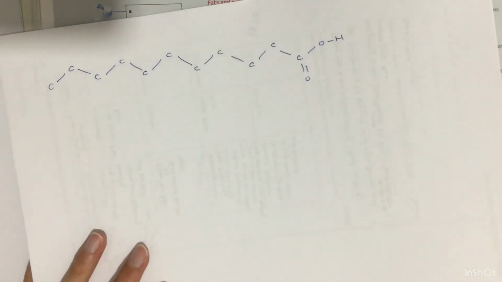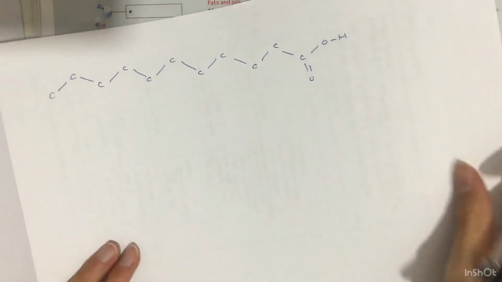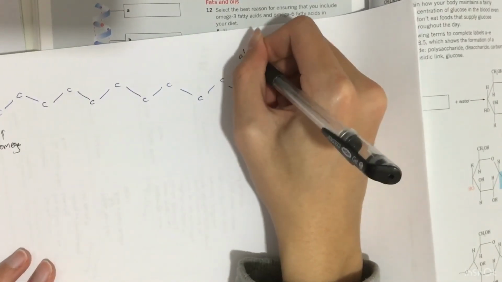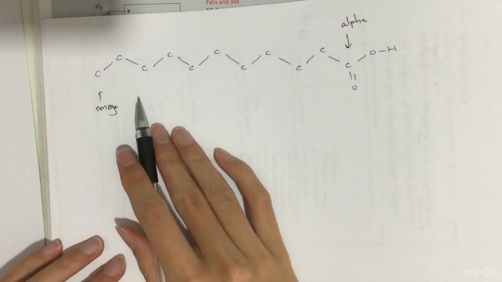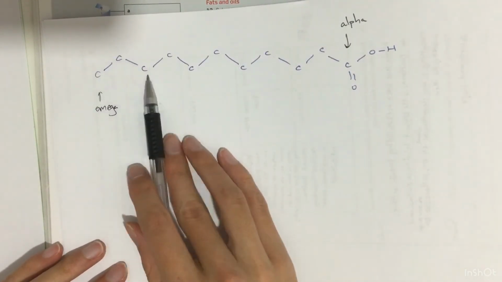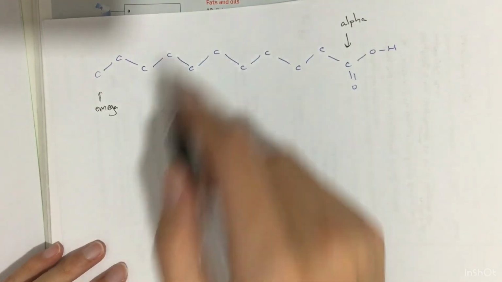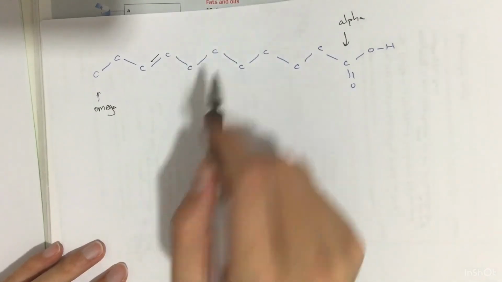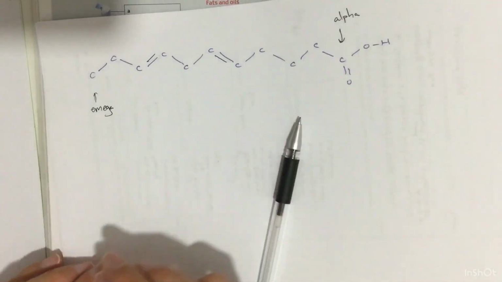Then you get different color. This here is the omega carbon. On the side, this is the alpha carbon. So you go 1, 2, 3. And if the double bond is here, that's omega-3. 1, 2, 3, 4, 5, 6. If the double bond is here, it's omega-6.